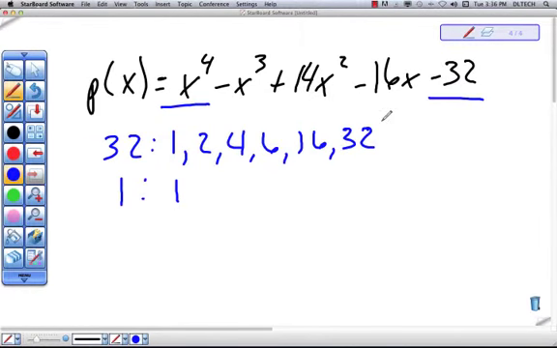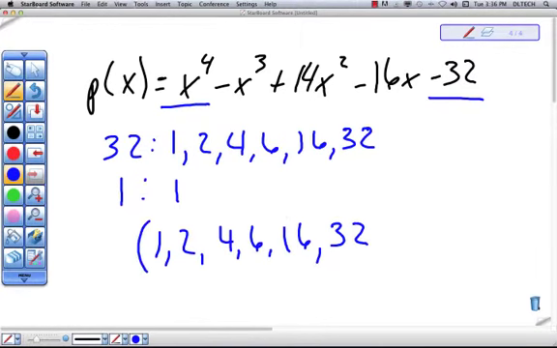In this case, all numbers over 1 are themselves, so we know that our rational zeros are 1, 2, 4, 8, 16, and 32, having positive and negative numbers.